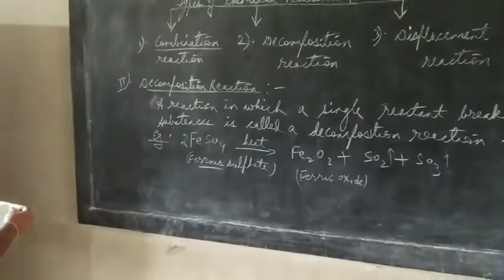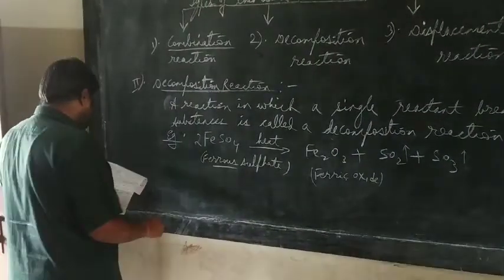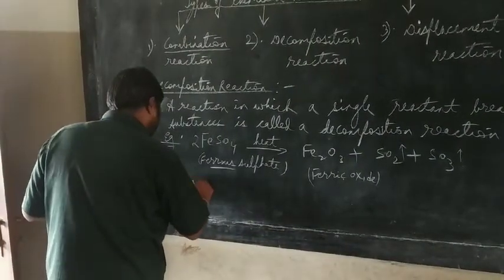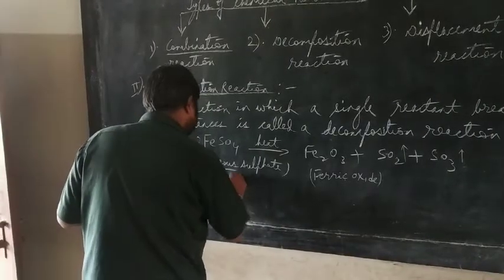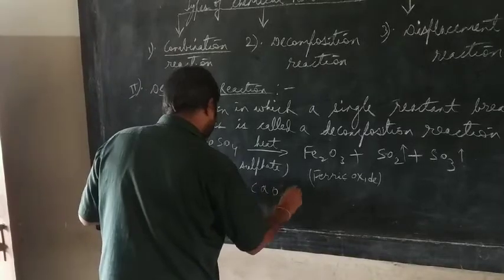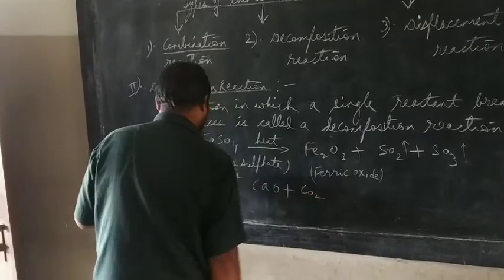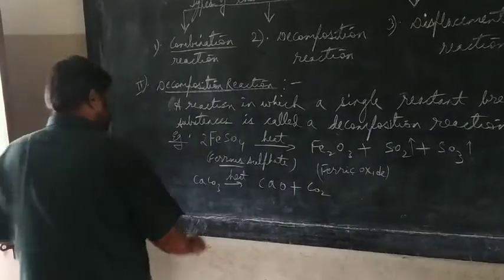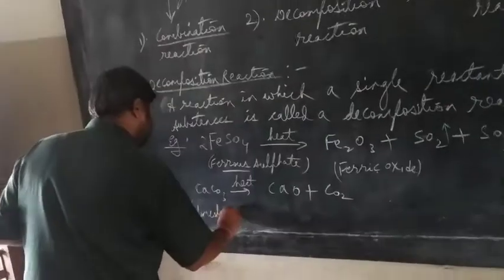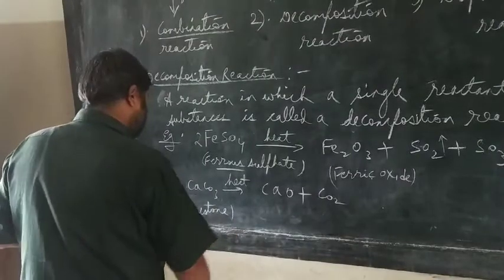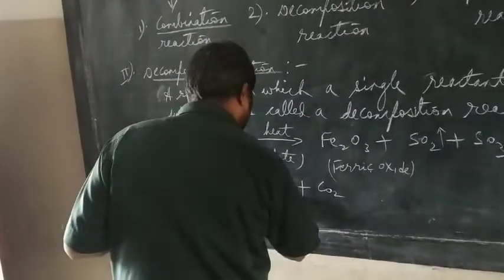Now, taking another example, CaCO3. When this is heated, it will break into CaO plus CO2. What is this? This is limestone. And this one is quicklime.